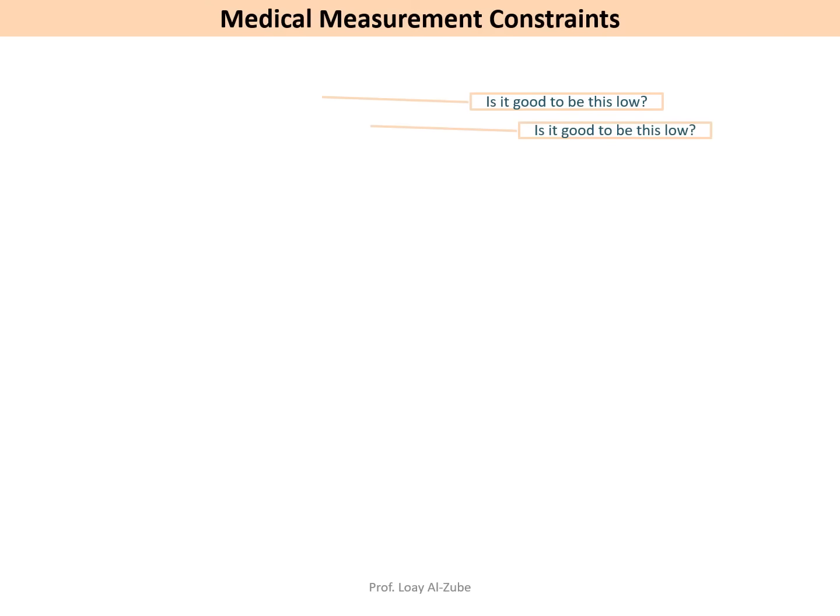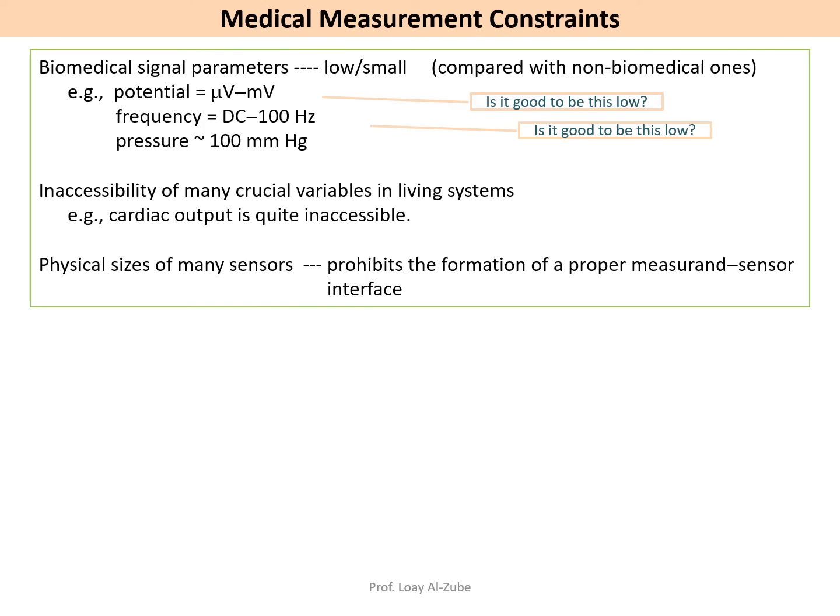Now, what are the constraints on the signals that we would like to measure? This is very important. This slide is probably one of the most important slides you need to keep in mind. The first thing: biomedical signal parameters are low and small, all of them, compared to non-biomedical ones.